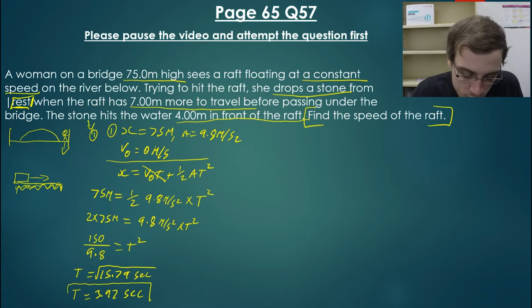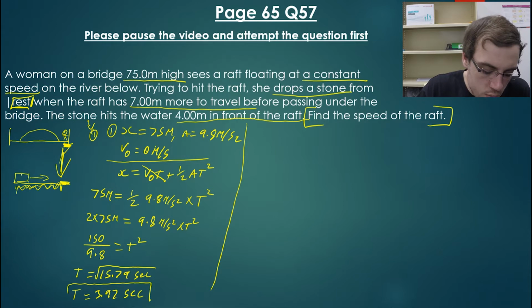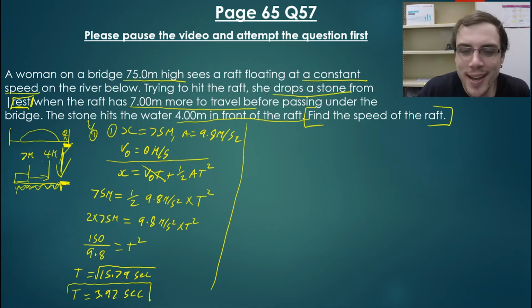Now, this is where we can look at the speed of the raft. We know how long it took for the stone to hit the ground. In the time that it took between the stone falling from here to here, this raft moved from 7 meters to 4 meters.